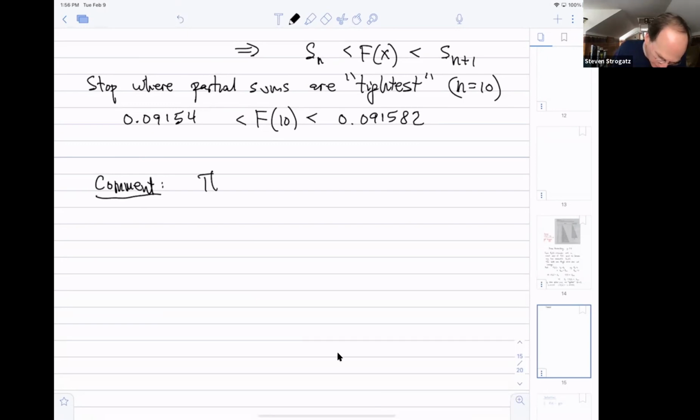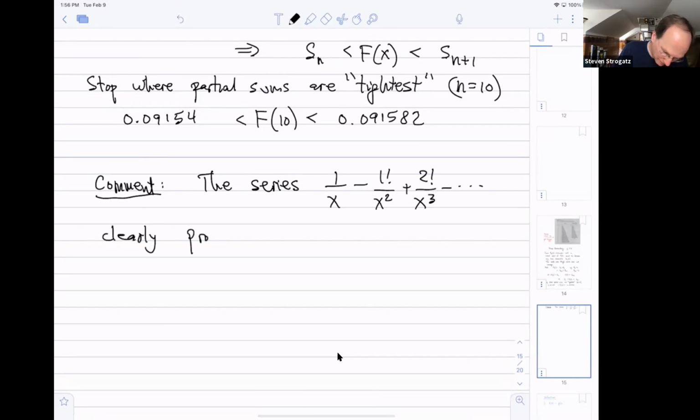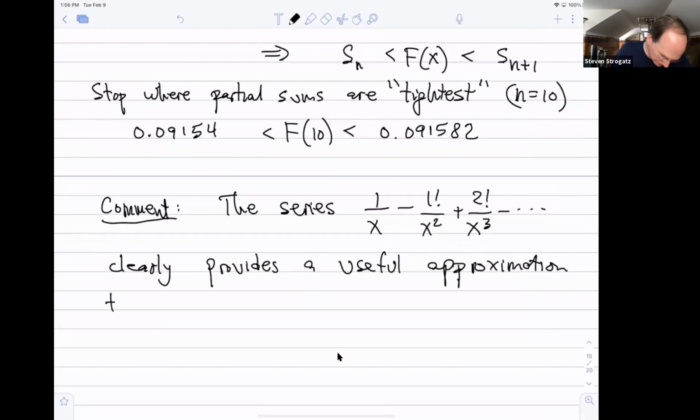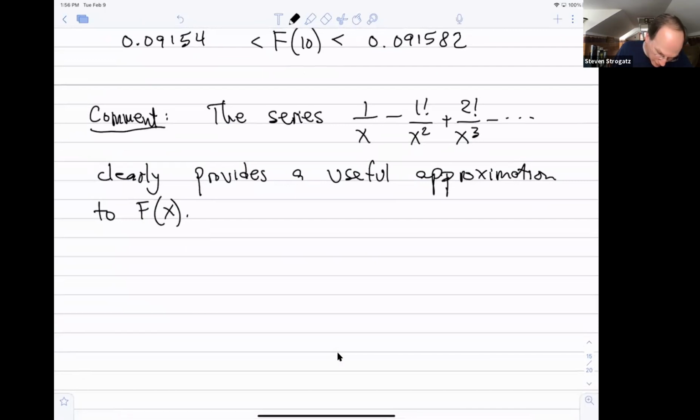This series that we wrote down, I said it was divergent: 1 over x minus 1 factorial over x squared plus 2 factorial over x cubed, etc. That thing clearly provides some kind of useful approximation to f, certainly at least for large x.